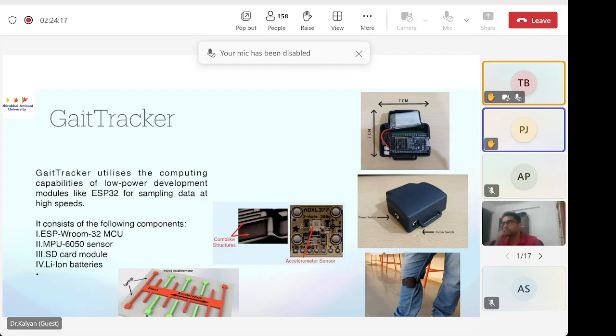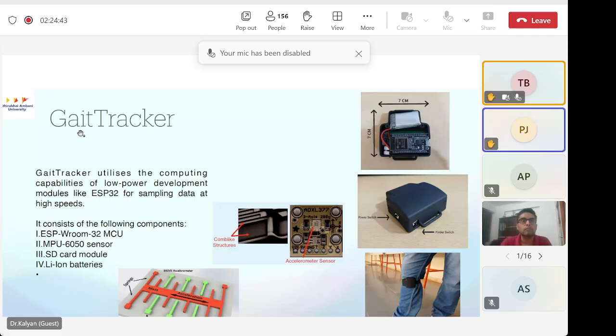Devices like the ESP32 have very limited computational capabilities and are very specific in the purpose they are used for, so we had to find certain storage solutions. For that, we have been using 8 GB SD cards. Whatever data is collected from the sensor will be processed by the ESP32 and stored on the SD card.